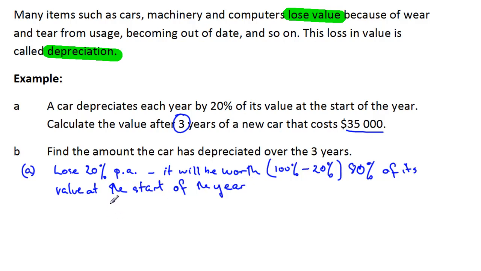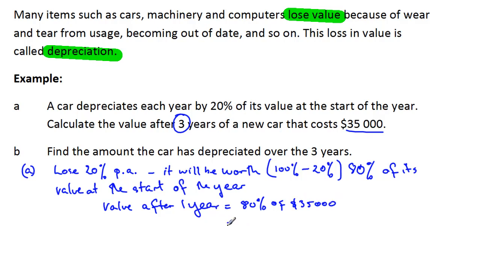So let's go through this process and see how it looks. Its value after 1 year will be equal to 80% of the original value, which is $35,000.